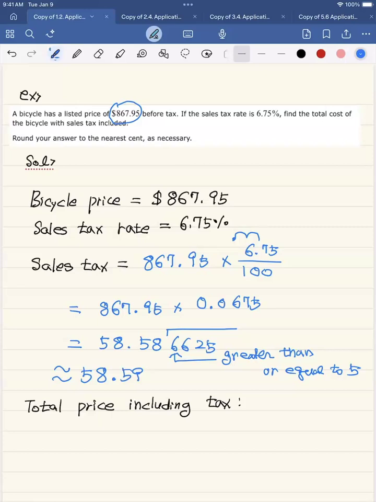What we calculated is a sales tax amount, so we have to add that sales tax amount to the bicycle price. So that is $926.54.